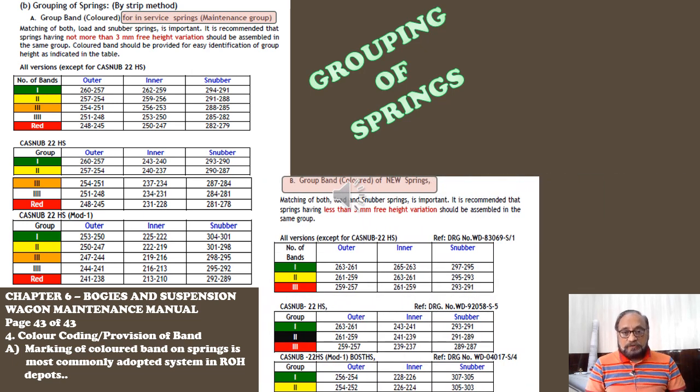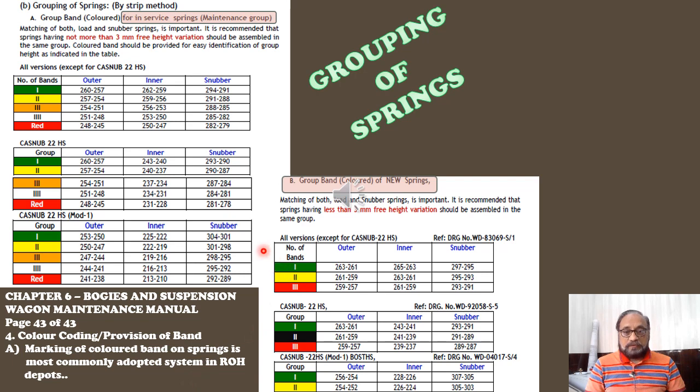We have these spring tables for new springs, and the same principle is maintained here also, that springs falling within the range of 3 mm of height difference or height variation are marked according to their heights as per this table.